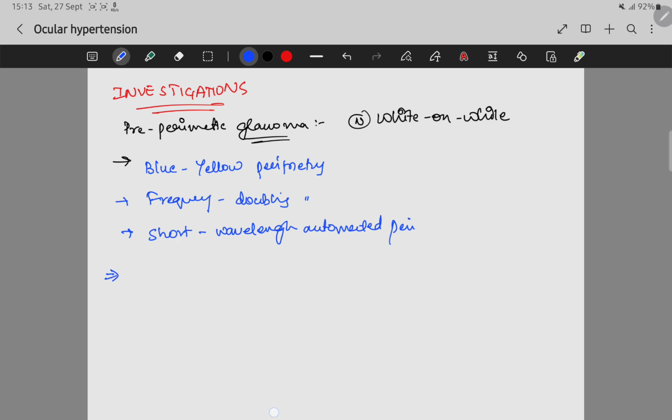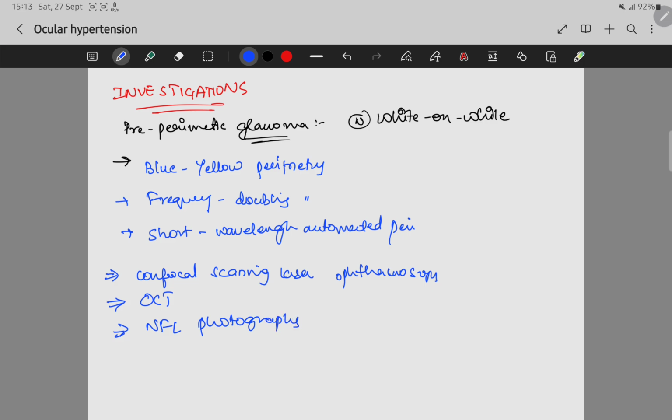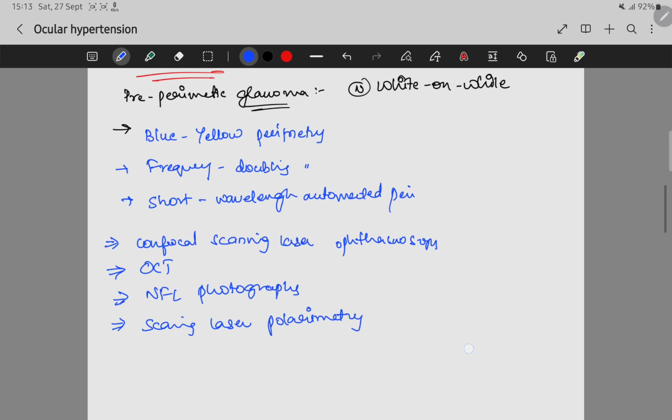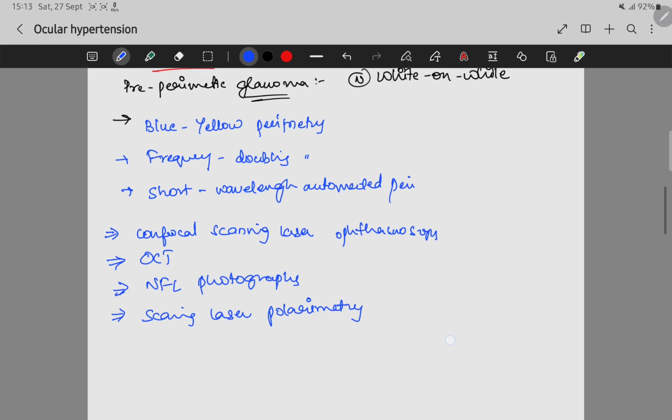Other than perimetry, we have confocal scanning laser ophthalmoscopy, ocular coherence tomography, nerve fiber layer photographs, and we also have scanning laser polarimetry. So all these are the investigations which can be done.